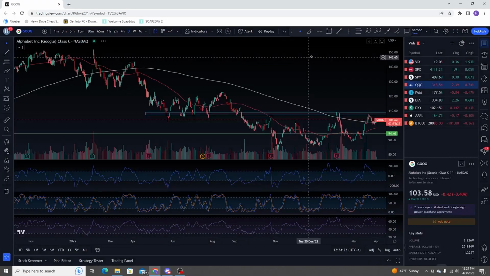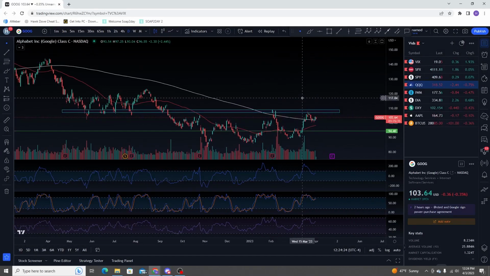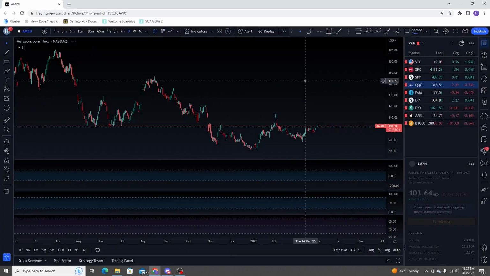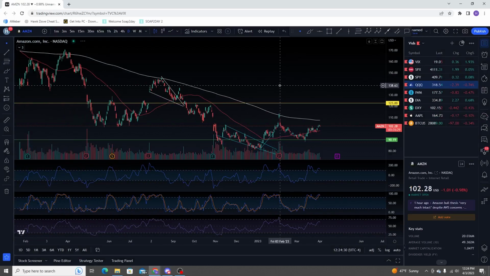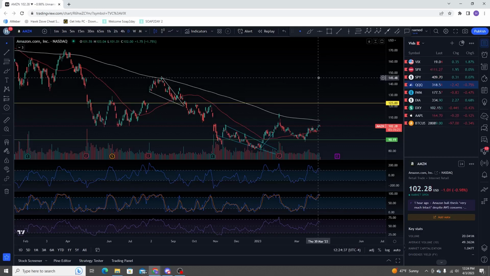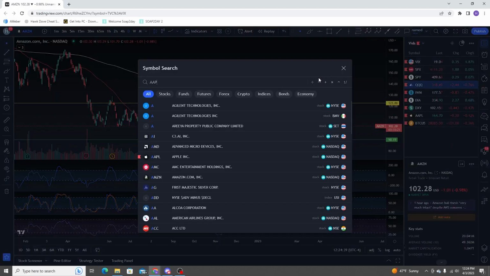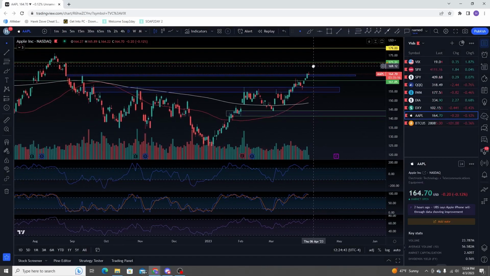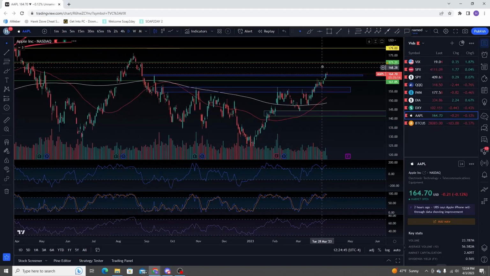Let's see if we can see anything over here on Google. Google does not have one. Amazon, I believe, also does not have one. Yeah, it does not. But the fact that QQQ and the largest components of QQQ and SPY have a big bearish divergence on the RSI leads me to believe you are likely going to see a rug pull.